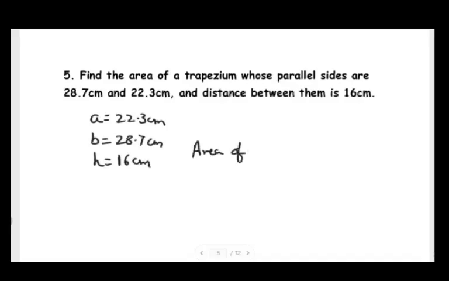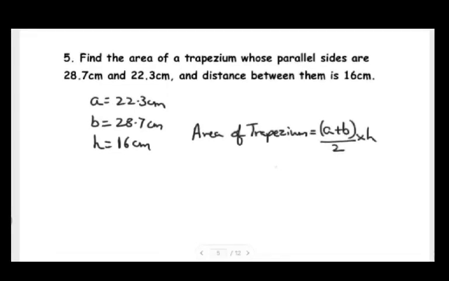Area of trapezium is equal to A plus B upon 2 into H. A is 22.3, B is 28.7, upon 2 into H is 16.